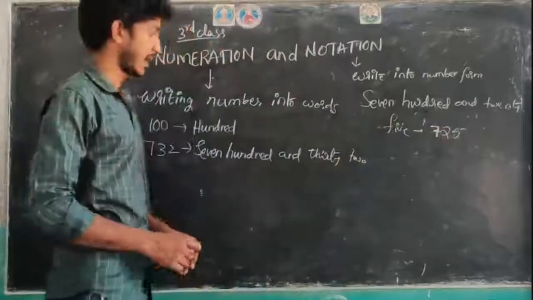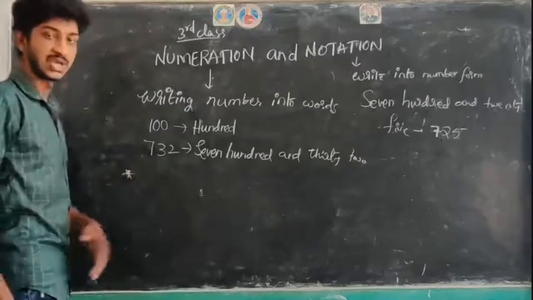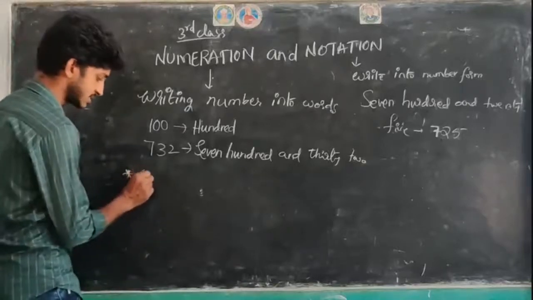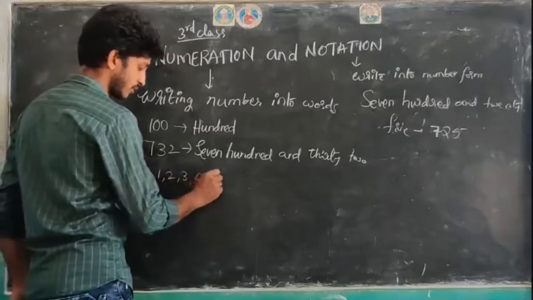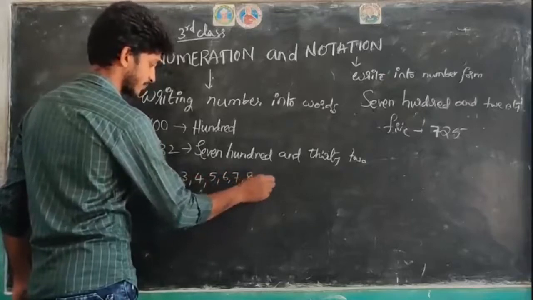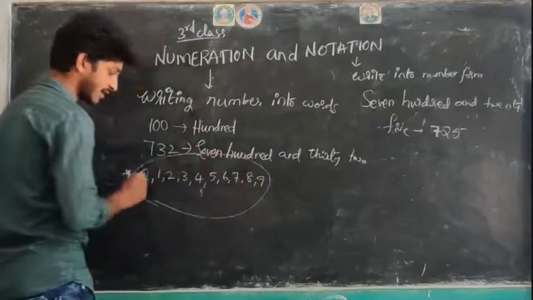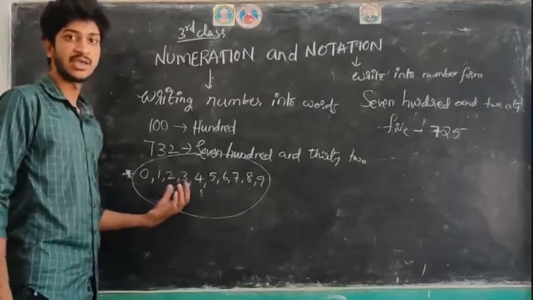Okay, children. And we also discussed about digits. We have only 10 digits. The digits are 0, 1, 2, 3, 4, 5, 6, 7, 8 and 9. These are the 10 digits we have in numbers. By using these digits we can form any number.